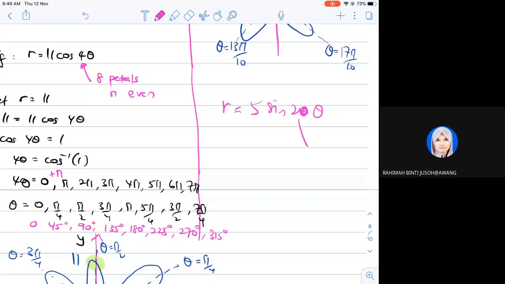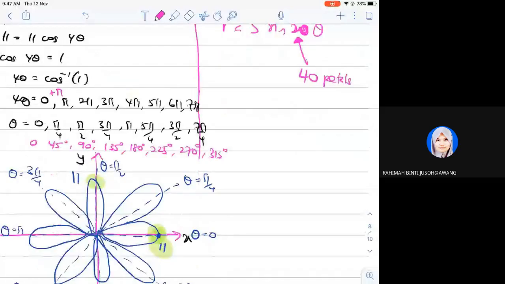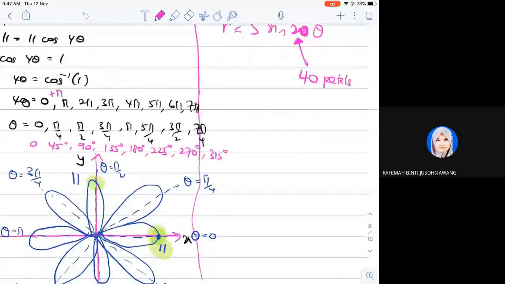Okay, kalau yang ni berapa petals ni? Kalau 20 theta, how many petals? 40 lah kan? 40 petals lah kan? So guys, let's say lah, kalau you sesaja malam ni kan, you nak WhatsApp your girlfriend, you cuba WhatsApp dia macam ni, let's say cos 1000 theta, tengok dia reply apa.